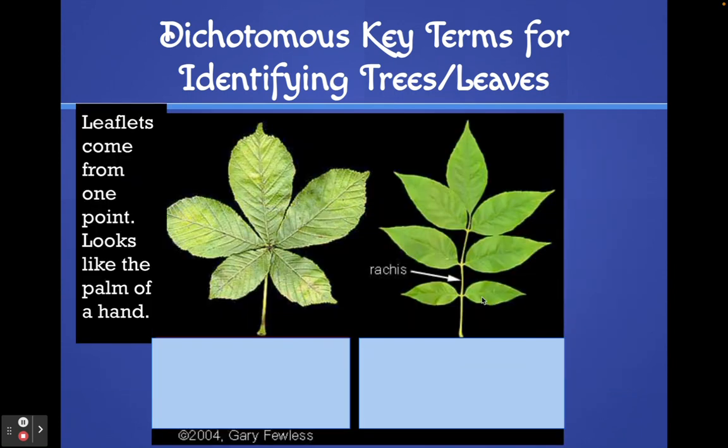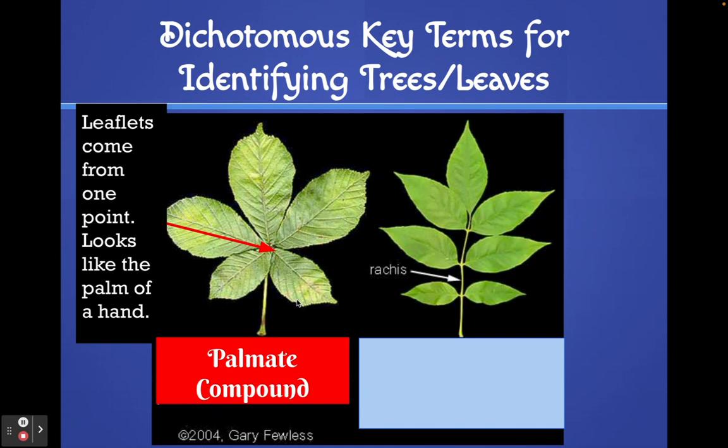Okay, the next thing that we need to take a look at is where the leaflets are coming from. Look at these two images. The picture on the left, the leaflets are all coming from one point. Do you see there's a center point? Sometimes we say that it looks like the palm of your hand, like these are the fingers of your hand. So this is called palmate, like the palm of your hand, palmate compound.